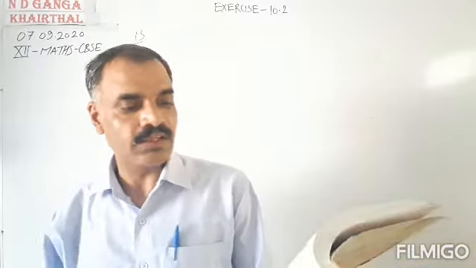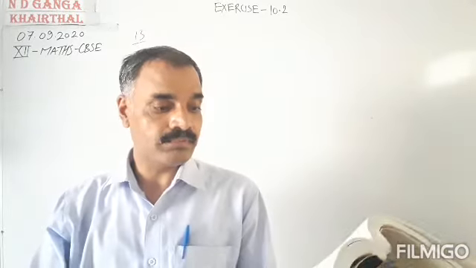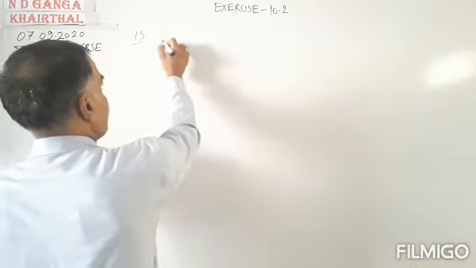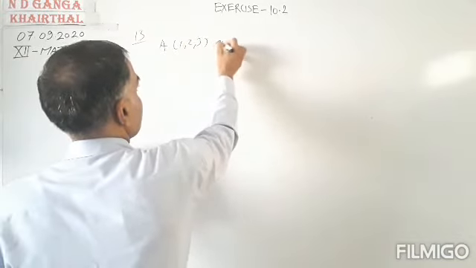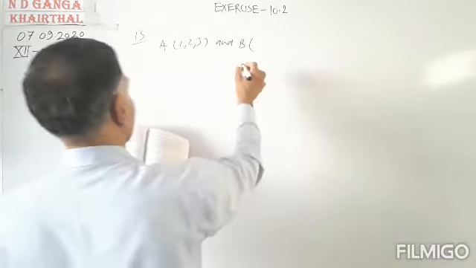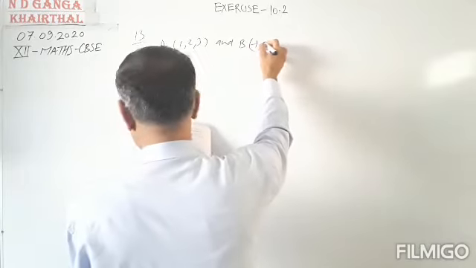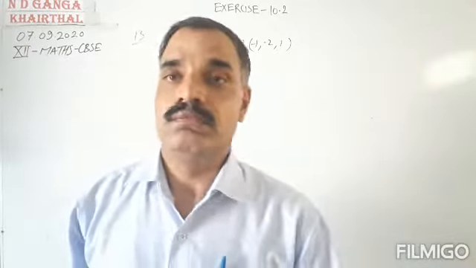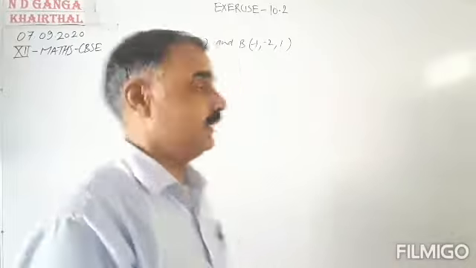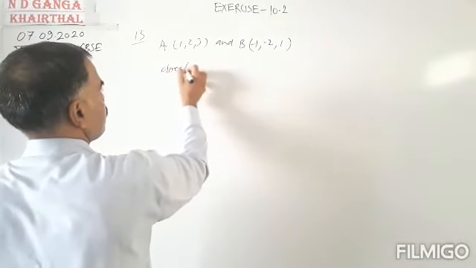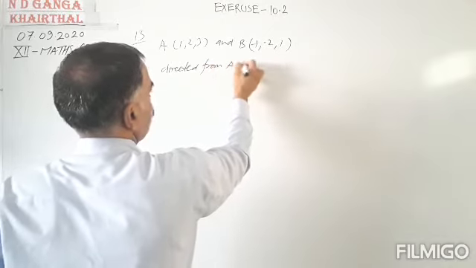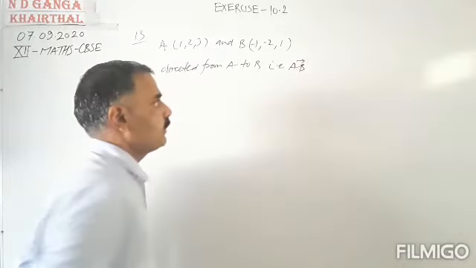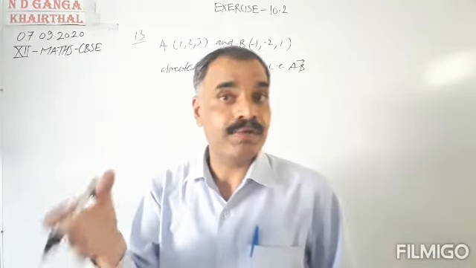Find the direction cosines of the vector joining the points A, which is 1, 2, 3, and B, which is given as -1, -2, 1, directed from A to B. That is AB vector. So we have to find the direction cosines of AB vector.